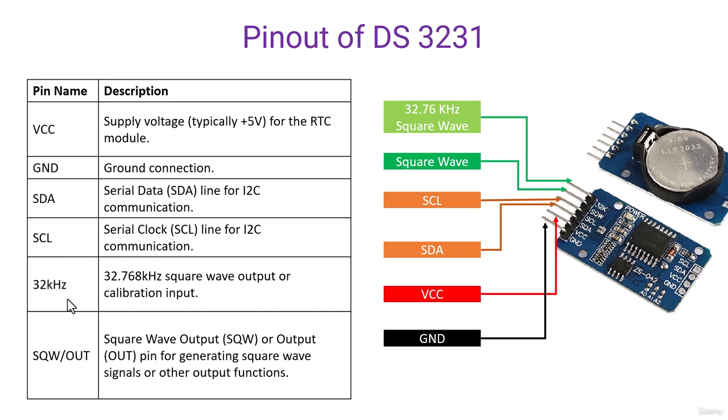It provides a square output also. The 32 kilohertz output can be obtained from the first pin, and a square wave can be obtained from this SQW pin. Both of these pins provide a square wave. For the special 32.768 kilohertz, the first pin is assigned.